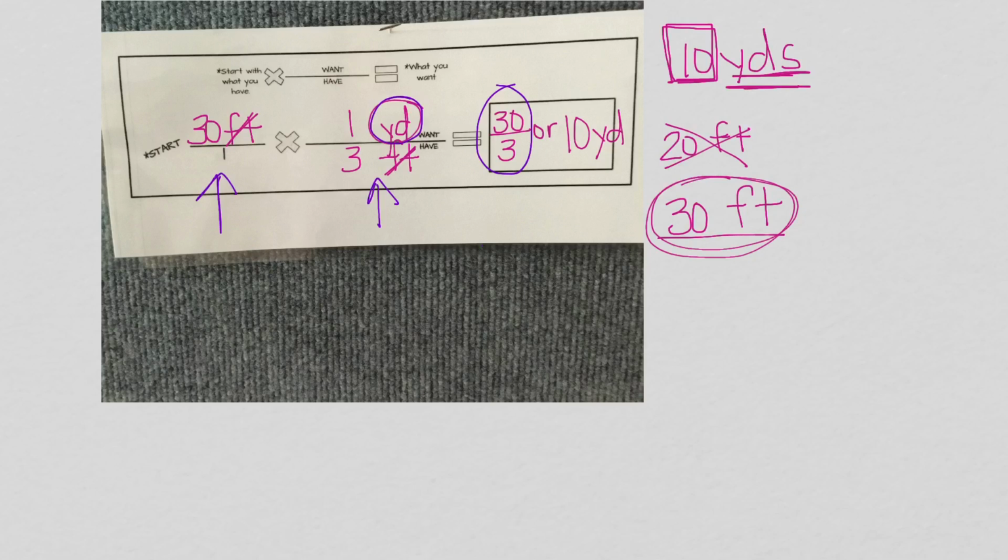So anytime that you have a standard, so like feet, yards, inches, gallons, quarts, anything like that, that is a standard measurement, and it's the measurements that we use here in the United States. You're going to use this chart to convert it. If you're using a metric measurement, I am going to show you that next.